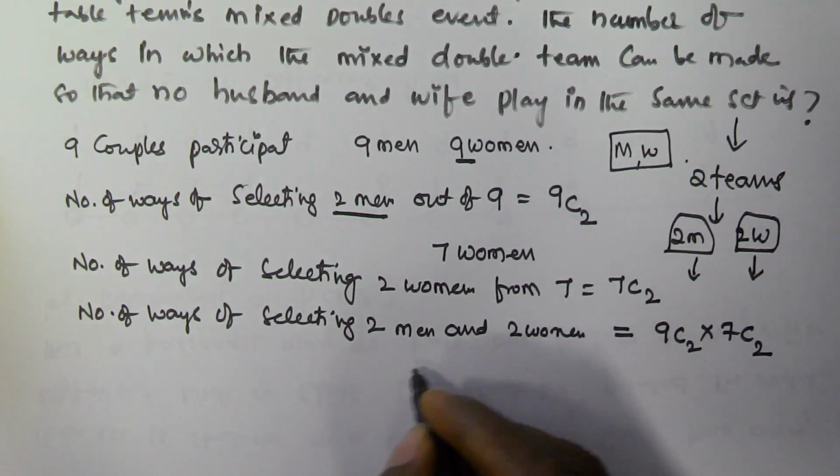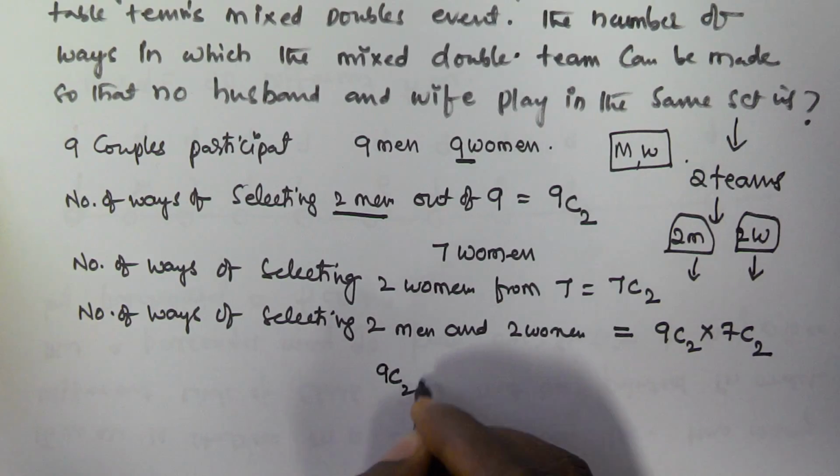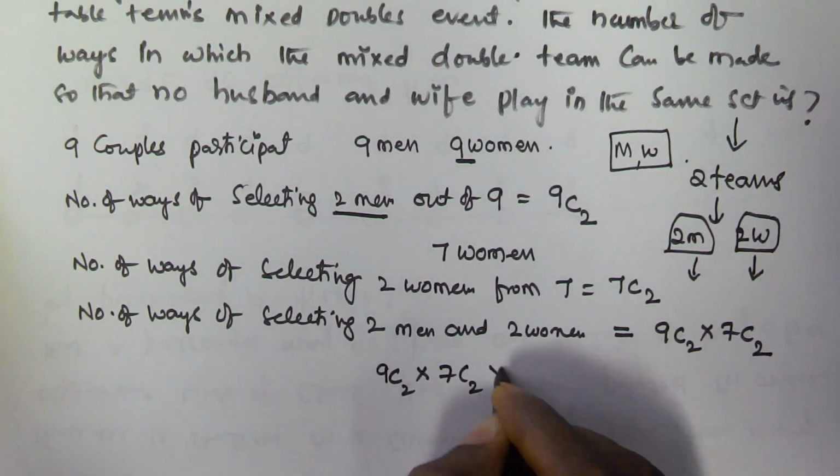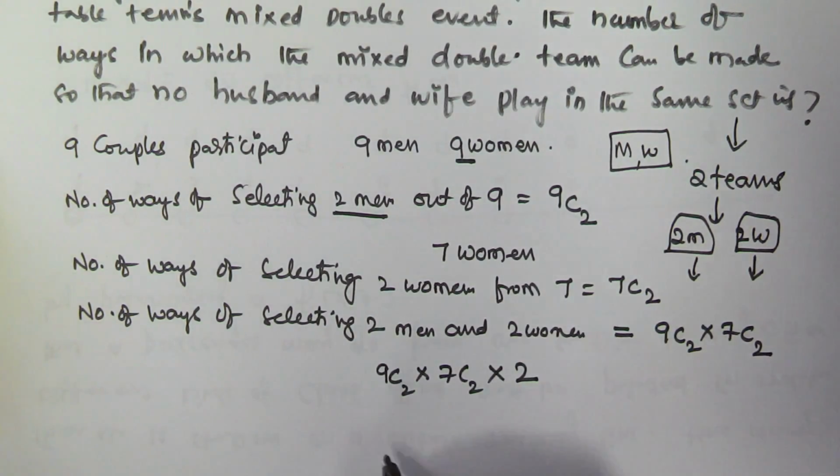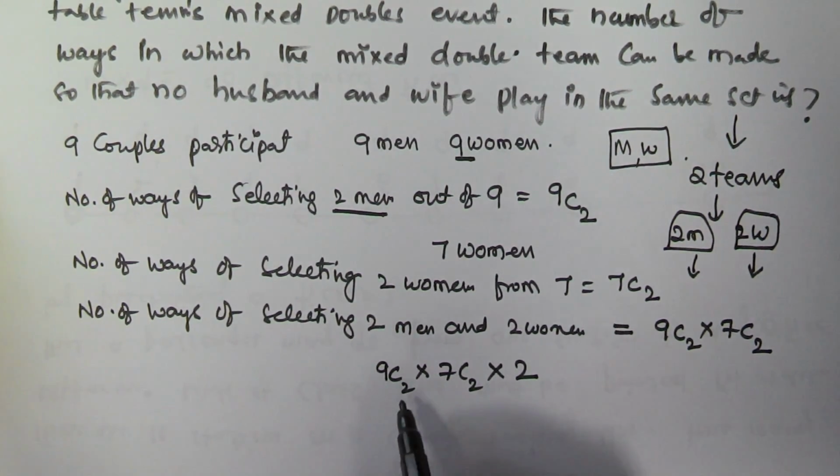So that's why we multiply 9C2 into 7C2 into 2. This gives the total number of ways in which a mixed double team can be made so that no husband and wife will play in the same set.